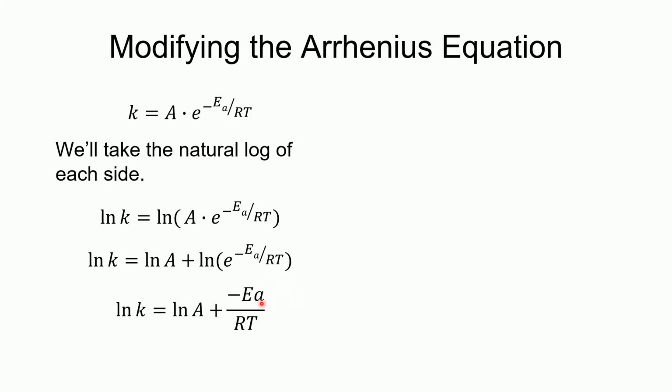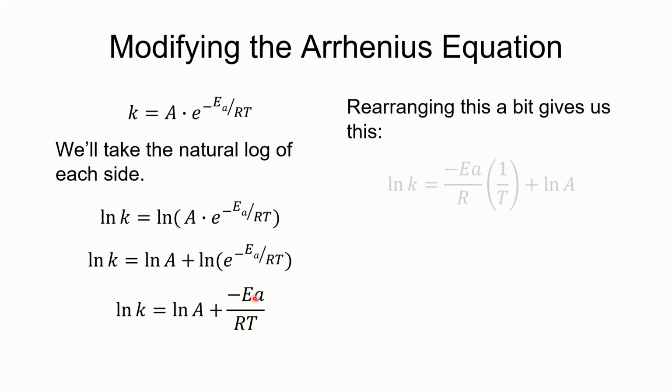All right, so that gives us the natural log of k is equal to the natural log of A plus negative EA over RT. When we rearrange that a little bit, we will get natural log of k is equal to negative EA over R times 1 over T plus the natural log of A.